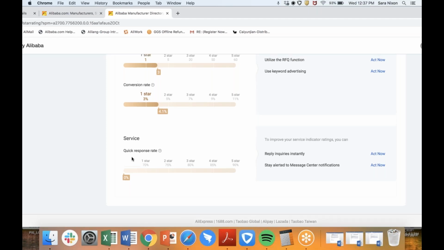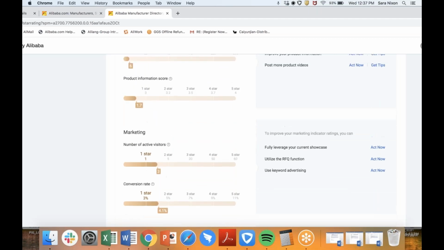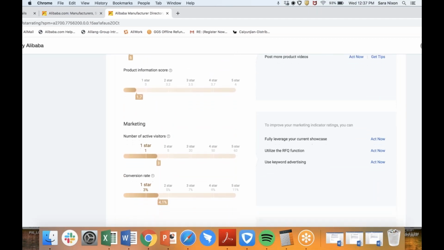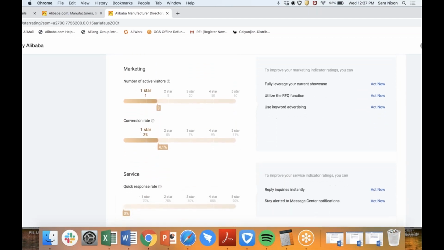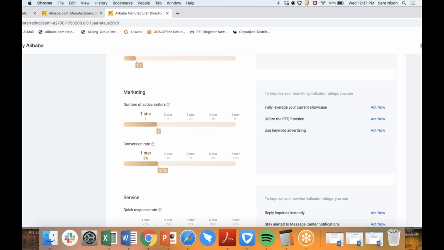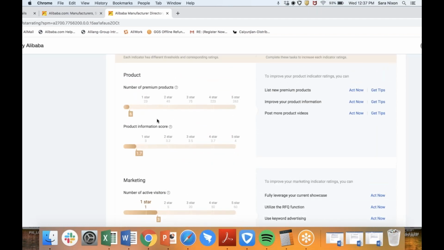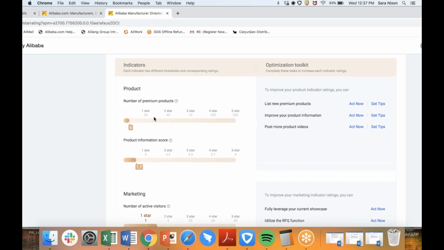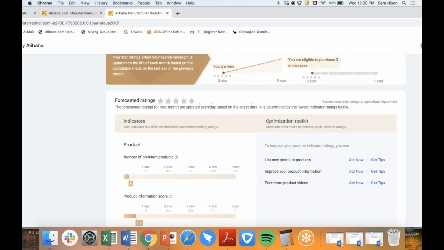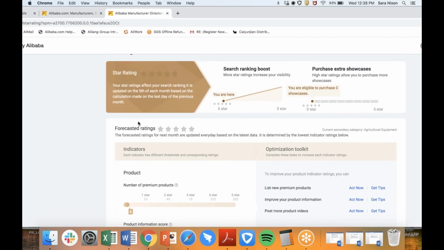You can see there are all these indicators that we look at, but how do we actually calculate what your score is? The way that we do that is we calculate your score by your lowest star, and that's what your score will be. You can see up here, I'm at a 0 star.